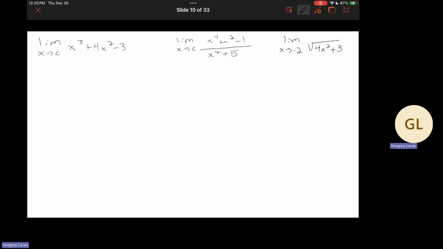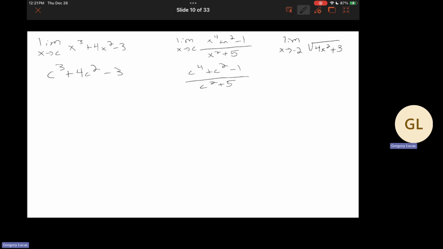Okay, so for our first one, we're able to just plug in our c. So we have c to the third plus 4 times c squared minus 3. So very straightforward. We're just plugging in c. This one as well, c to the fourth plus c squared minus 1, and then c squared plus 5.